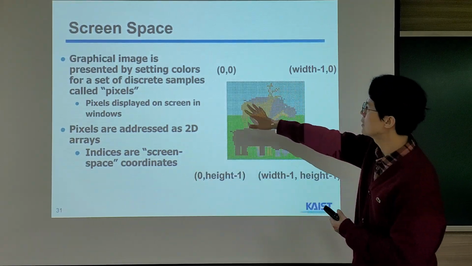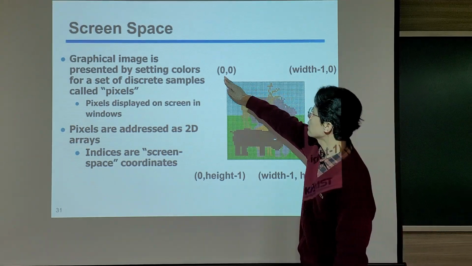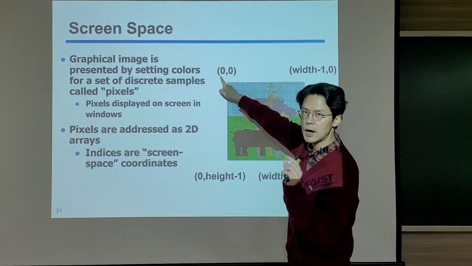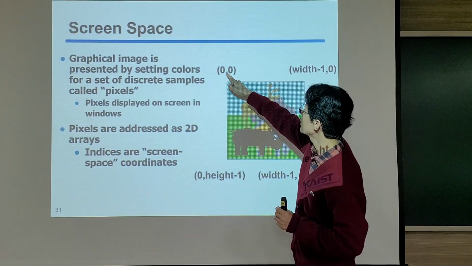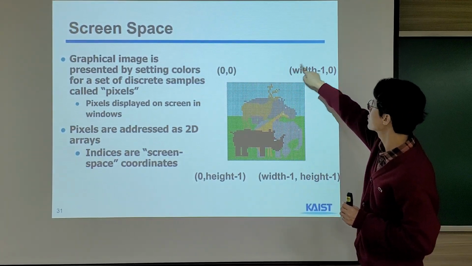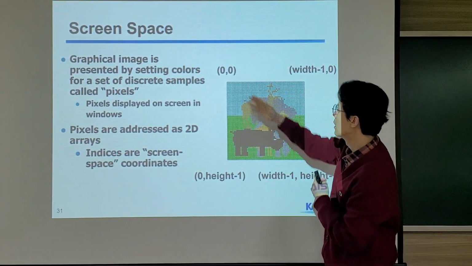So typically, depending on the case, we call this 0,0 here. This is the index number of this 2D array, the x and y, 0 and 0. Along this x-axis, we get this coordinate. This width is the width of this image, right?